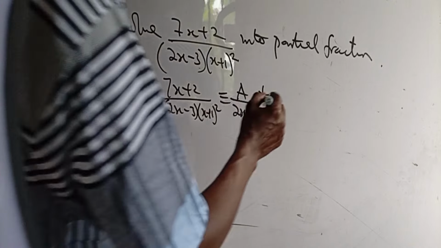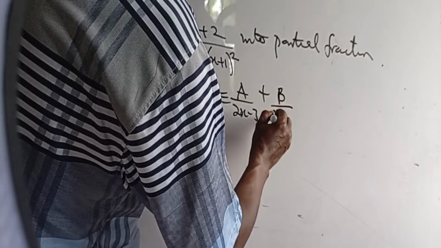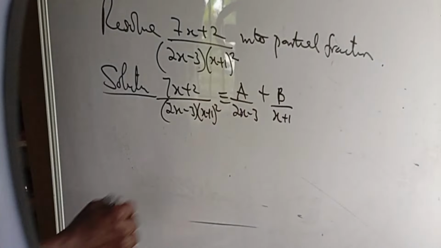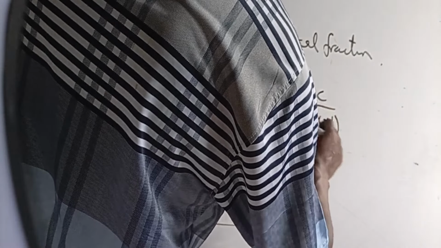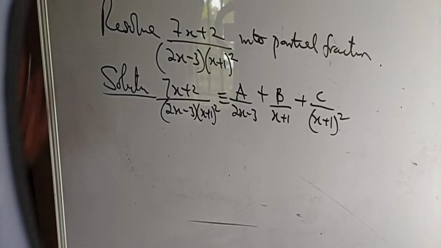So B all over x plus 1, now plus C all over x plus 1 squared. That is the meaning.